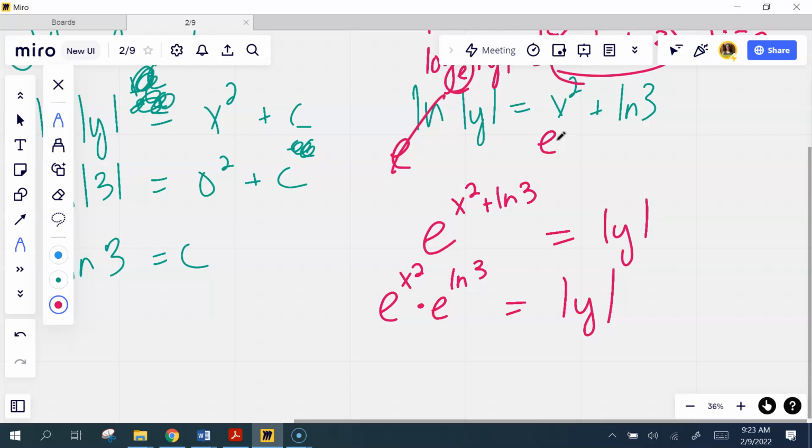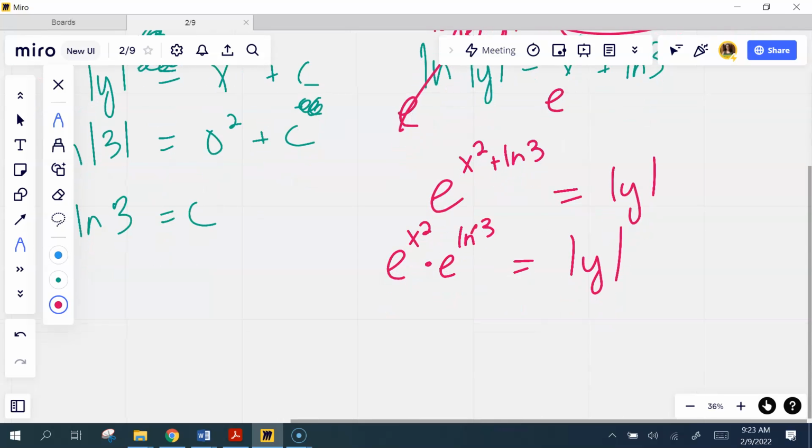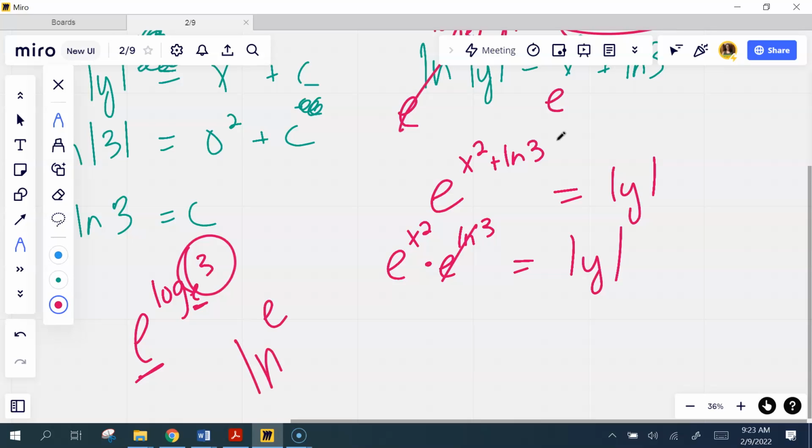Are y'all with me? If this base and this base are ever the same, they cancel and just leave this. If it's natural log to the e of whatever, these cancel. If it's e to the natural log of this, those cancel. So this is 3 e to the x squared.